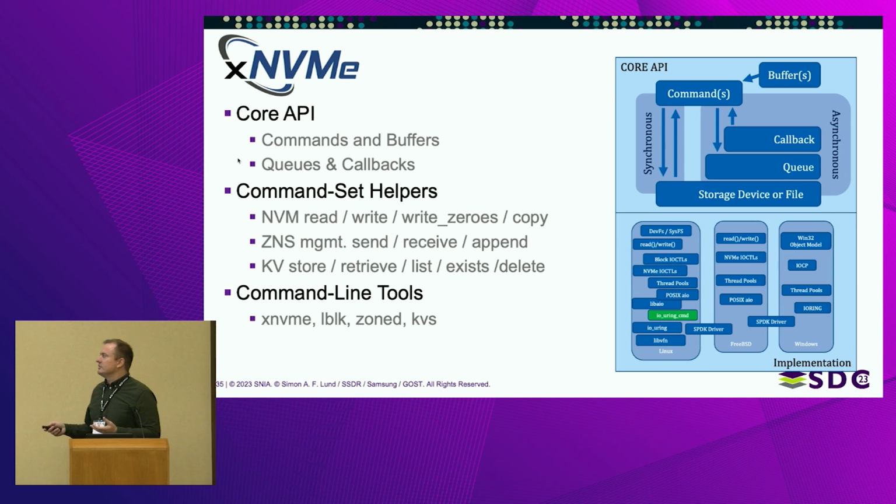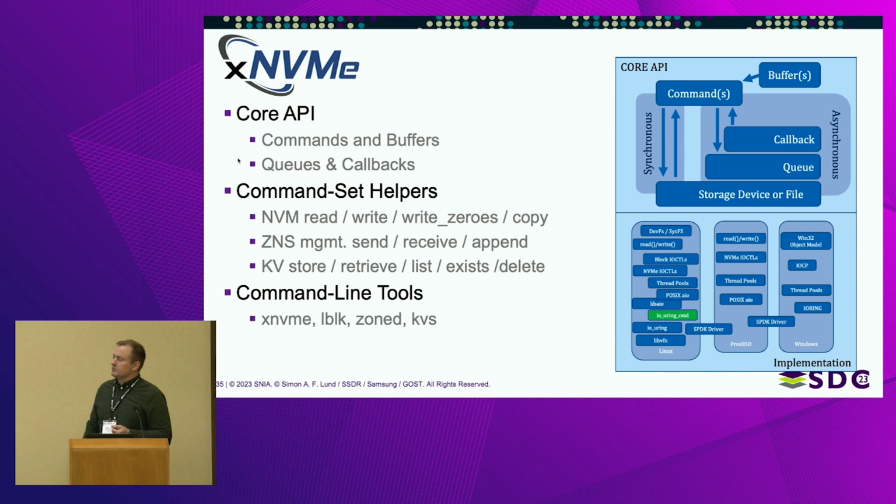And the point here is that when you need to access and speak NVMe natively, you don't really want to think about all of these different ways that you could actually do that. So you can just think about your command, express that, and send it down into the operating system. Then building on top of this, you have a bunch of command set helpers. That is to do the prepping of commands, whether that's NVM reads and writes, CNS zone management, or KV stores, or computational storage.